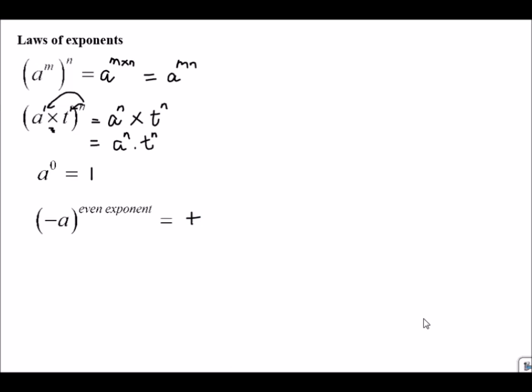If we had negative a to an odd exponent, our result is going to be negative. And remember from the previous slide, if we had positive a, whether it's to an even exponent or an odd exponent, the result is always positive. You have to go and learn those laws to apply them when squaring and cubing.